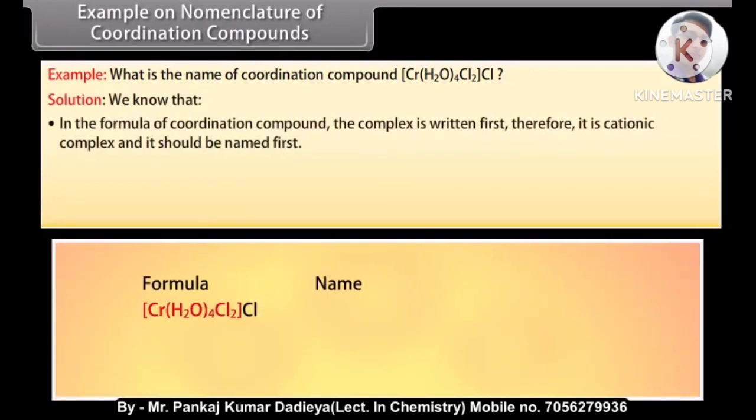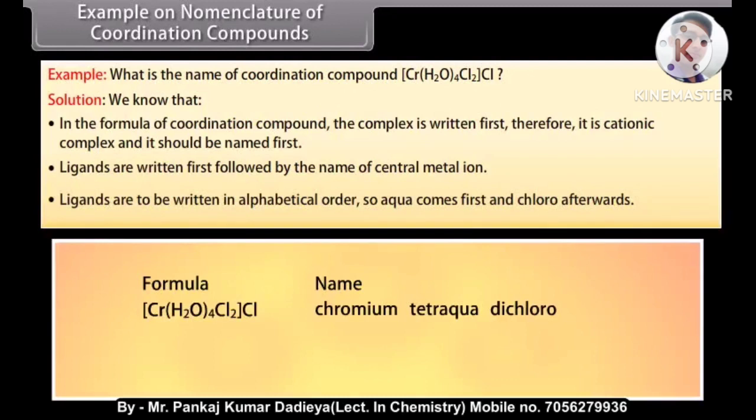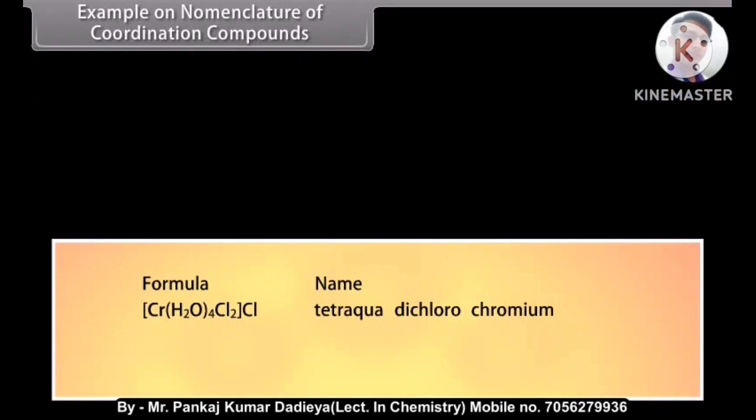In the formula of a coordination compound, the complex is written first, therefore it is the cationic complex and it should be named first. As per the rules, while naming the complex, ligands are written first followed by the name of the central metal ion. Ligands are to be written in alphabetical order, so aqua comes first and chloro afterwards.